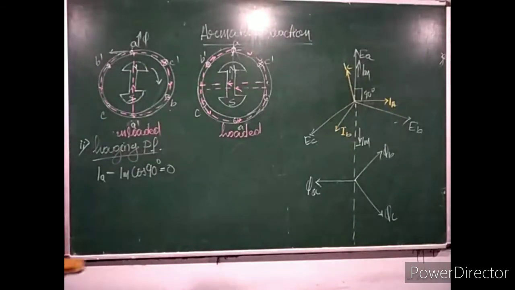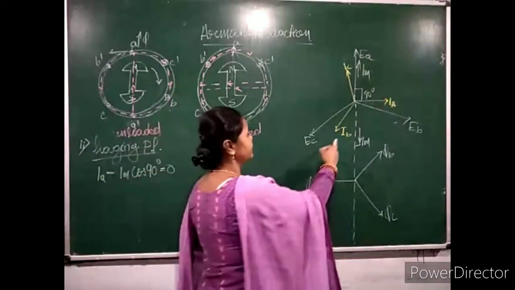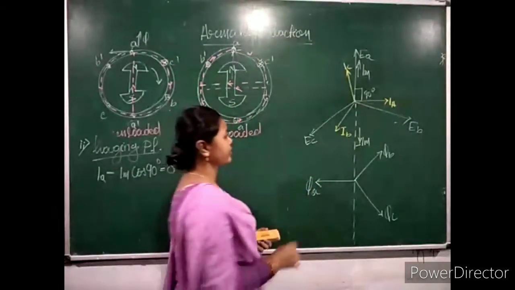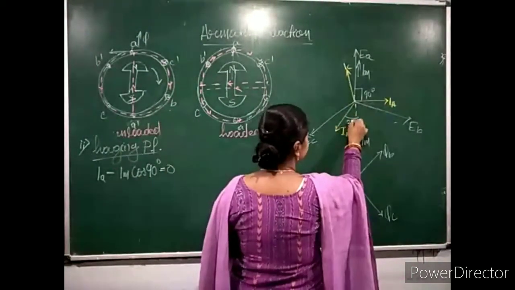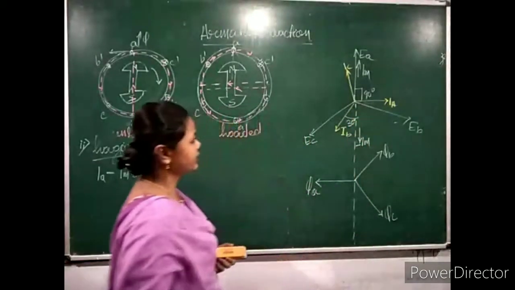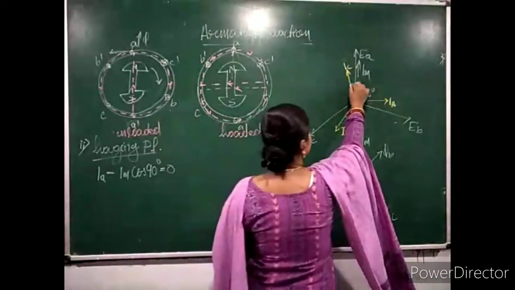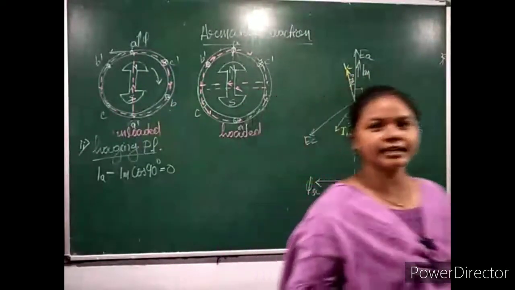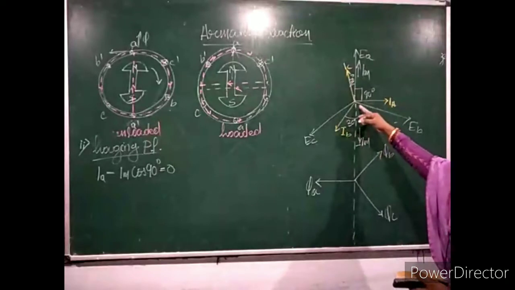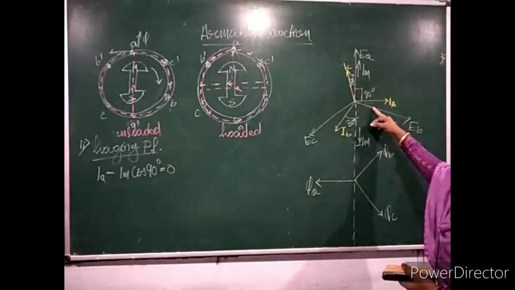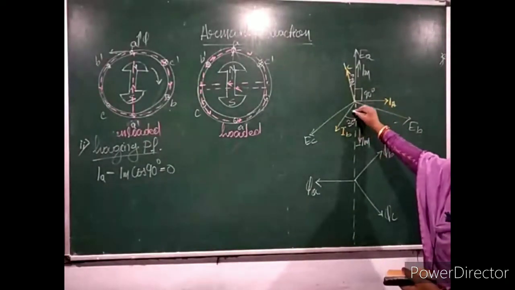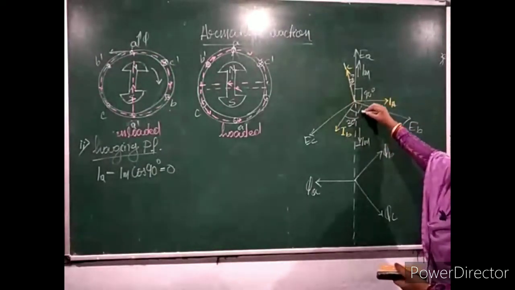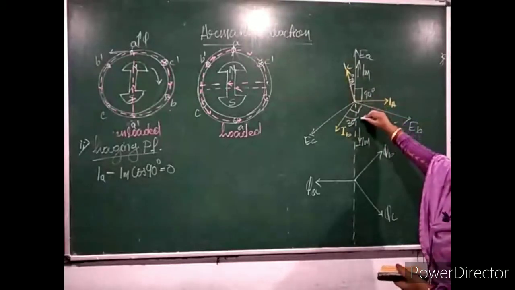Then come to the current at phase B. This angle is 30 degrees. This angle is also 30 degrees. How do you know that it is 30 degrees? See, this angle is 90 degrees.